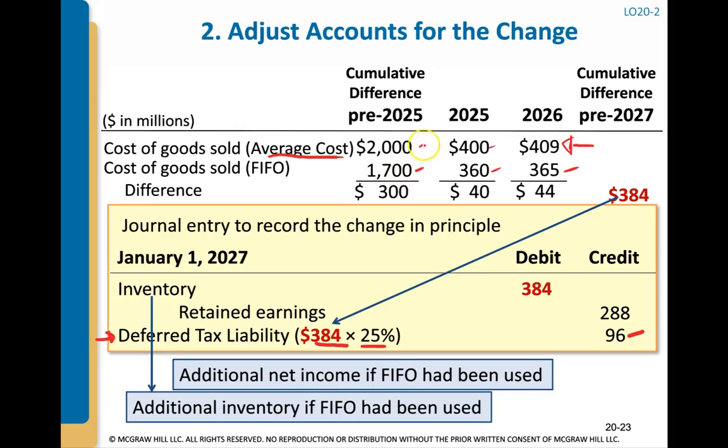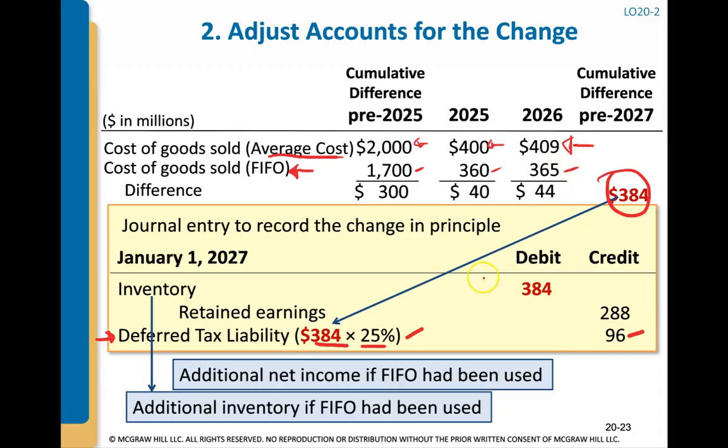So we're getting a higher deduction in these years, right, for tax purposes because they took a higher expense, which means eventually, sometime in the future, that cost of goods sold will be going through the income statement for financial accounting purposes, but we've already taken some of those costs for tax, so we're going to have to add that back into our income for tax purposes, which means our taxable income will be higher, which means our tax liability in the future will be higher, and therefore we have to record a deferred tax liability for the tax effect of the difference in the cost of goods sold amounts.